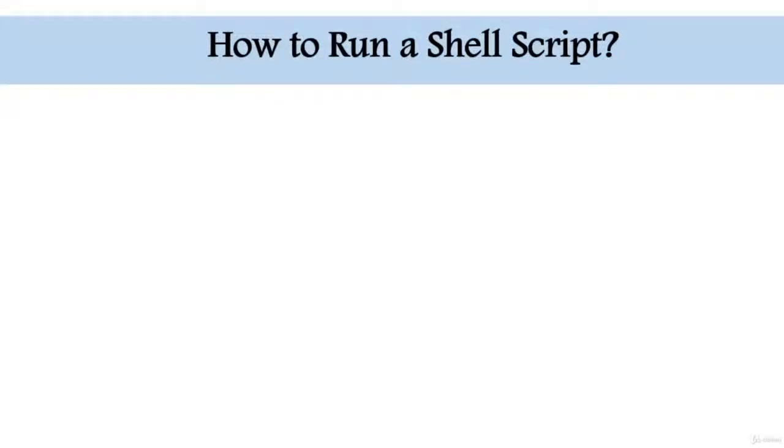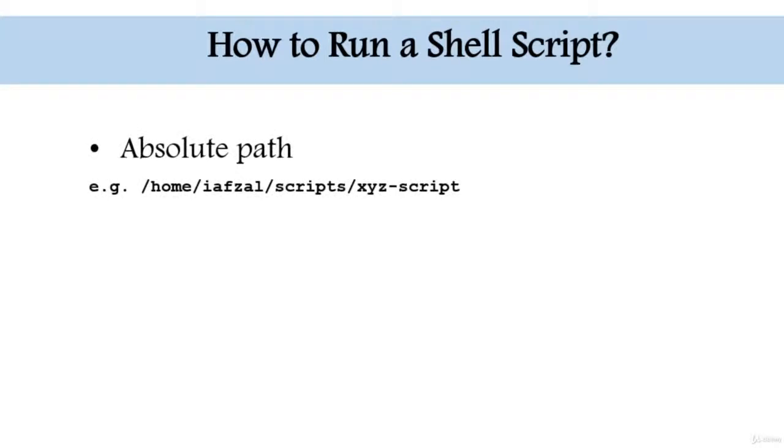One of the basic things that we should know is how to run a shell script. When you create it, there are different ways you could run it. You could run it through absolute path, or there's another one that's called relative path. Absolute path is like, let's suppose you are standing right at the first step of a stairs and you have to pick up something on the very last stair on the top.